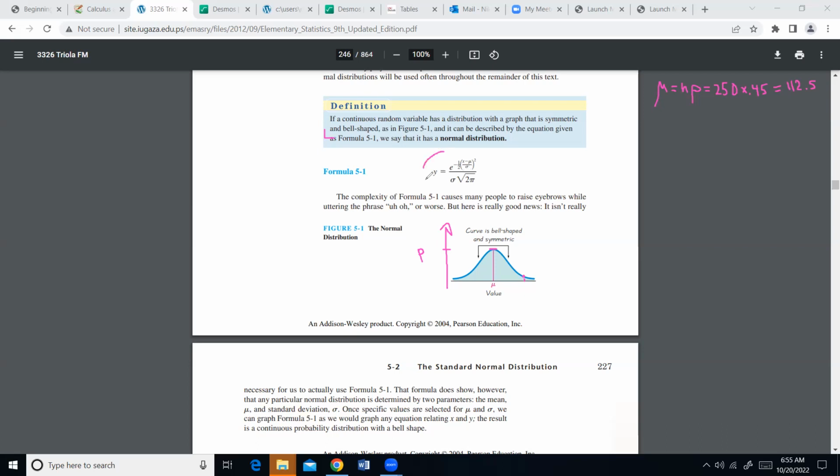Well, it turns out that this bell-shaped curve has a special equation that they show here, and we're never going to work with this, because with this formula they work in mathematical statistics class and they calculate those probabilities using this formula. But in our class we will be using so-called tables to calculate the values of normal distribution.